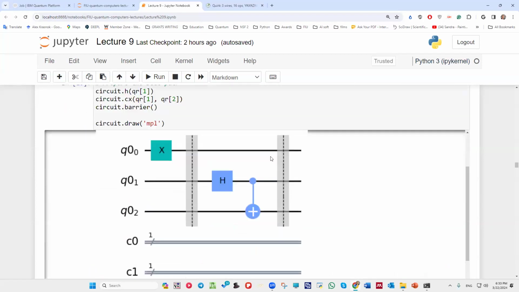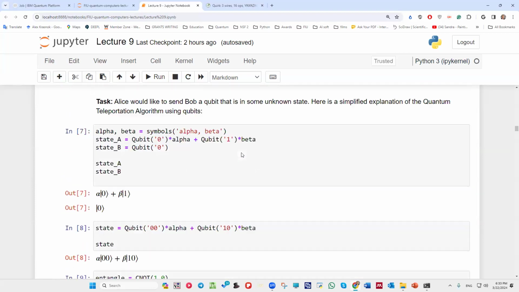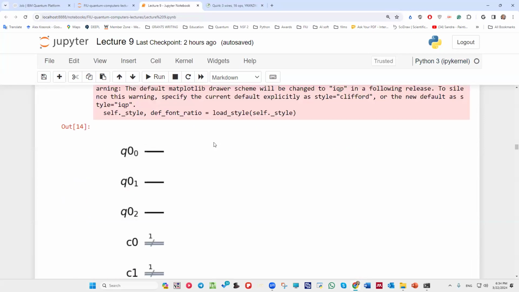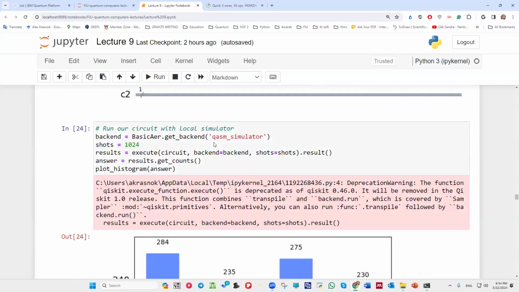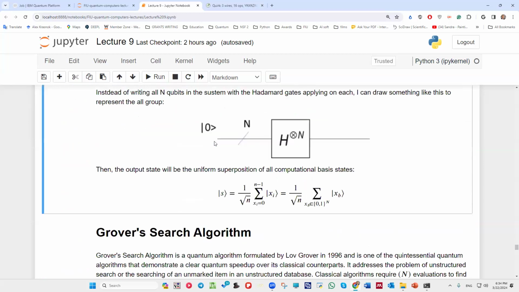Let me come back to this circuit here. Here we have the opening layer of Hadamard gates. The same part of the circuit can now be written using this notation.